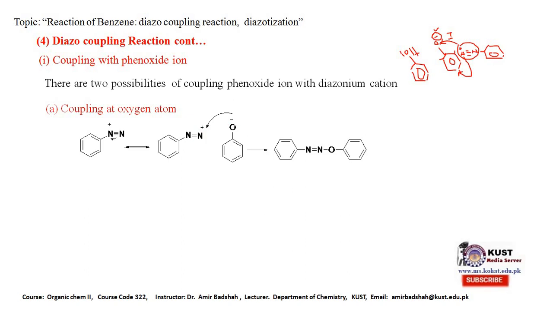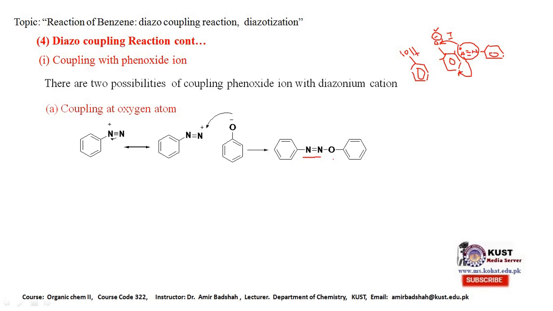So this phenoxide ion, where the electron density is more, attacks this nitrogen, where the electron density is less. By attacking this nitrogen, the coupling of the phenoxide oxygen occurs with the diazo group of the diazonium cation. This is the diazo coupling with the oxygen of the phenoxide.